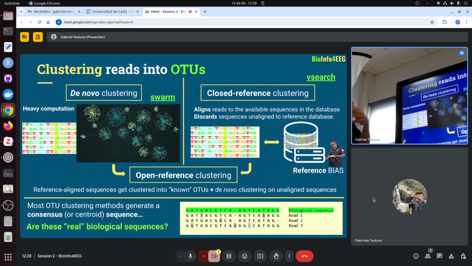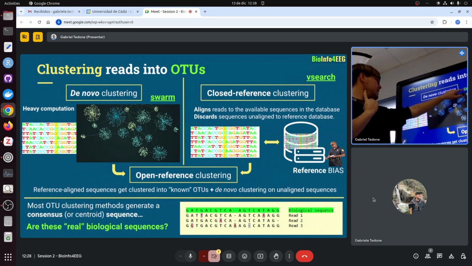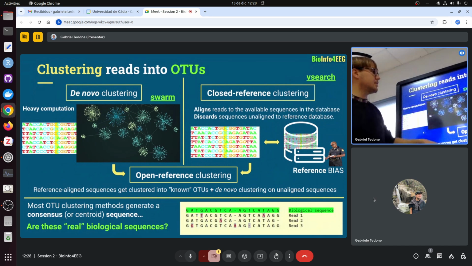At the beginning, in 2016 or even earlier, this was how the first OTUs were formed, but it is computationally intensive. Nowadays, we can do it with supercomputers if we know how to use them, which could be a nice option. Here I cite an algorithm that does de novo clustering.